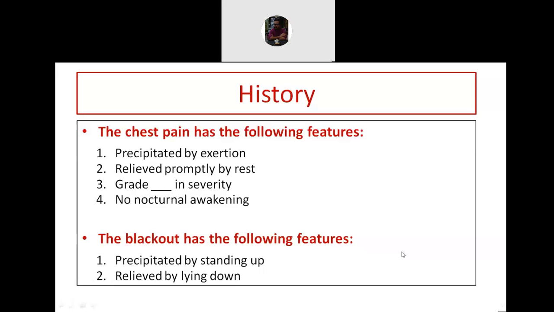This reduced flow of blood from left ventricle to aorta will immediately cause two problems. On one hand, there is reduced left ventricular cardiac output to the aorta.